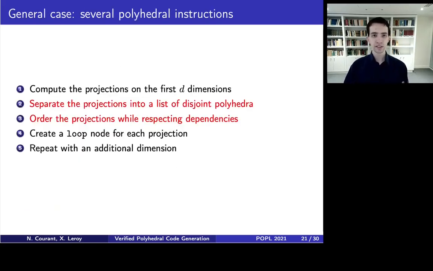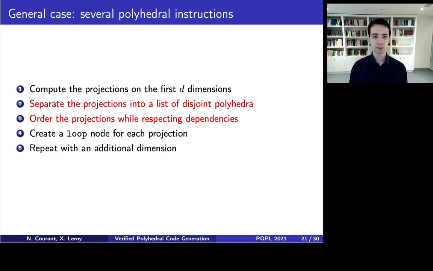The general case is generation of syntax trees in the case of several polyhedral instructions. It is more complicated because we might have several instructions which must be executed interleaved, as the schedule might give different positions for different nodes in different polyhedra.